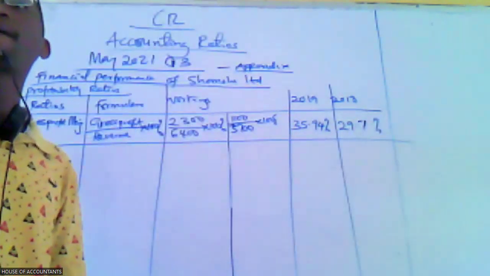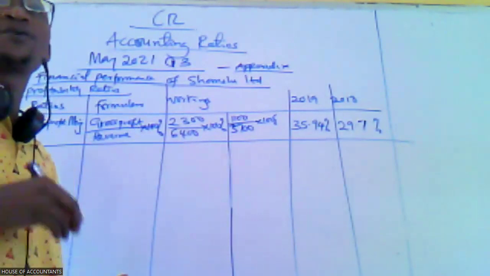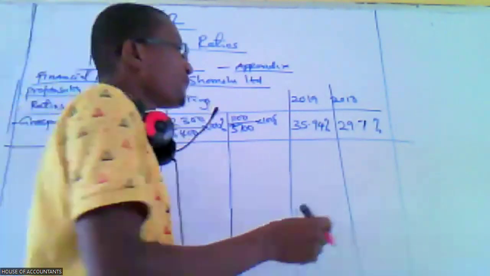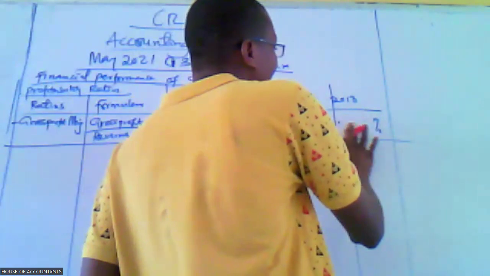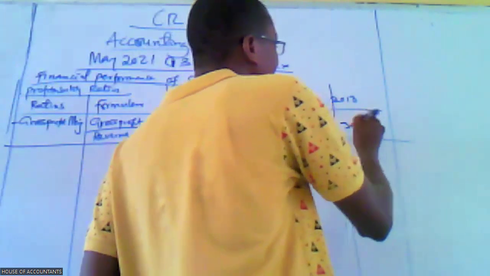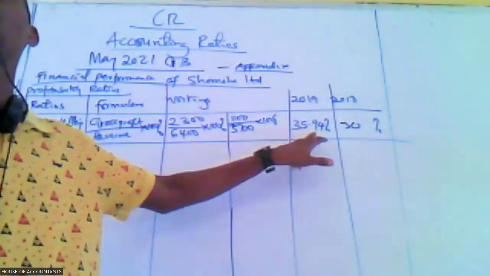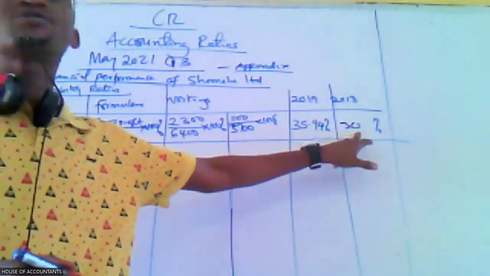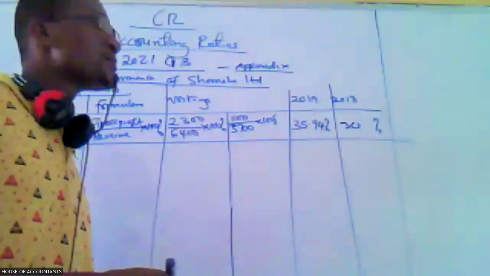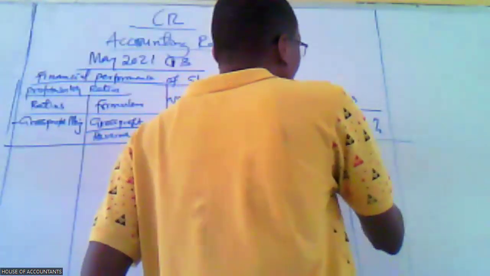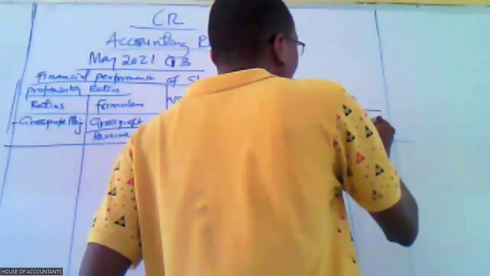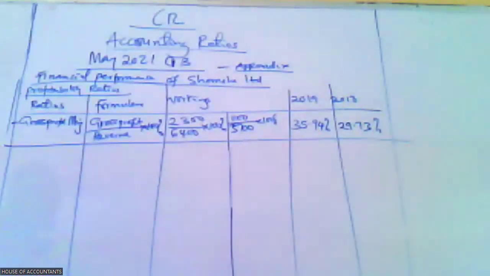No. Why? Because of consistency. I have to be consistent. If I round this up to 30%, I'm wrong, because the other one has been in 2 decimal places. So I must be consistent with whatever I'm doing. 29.73. Are we good to go?